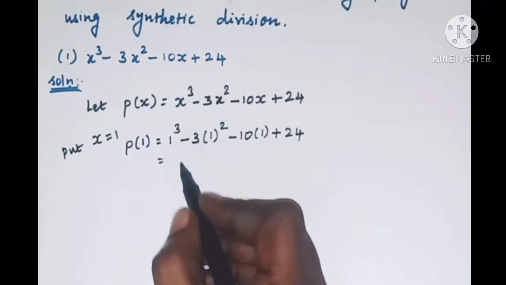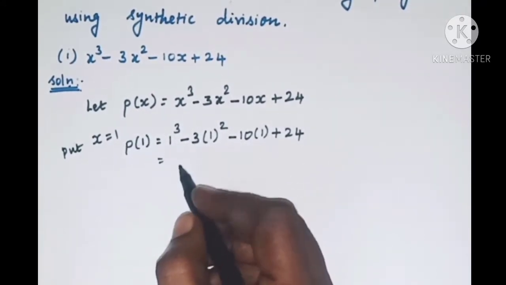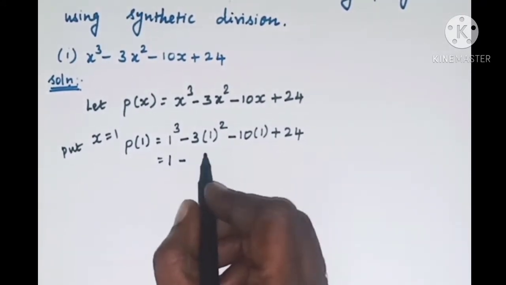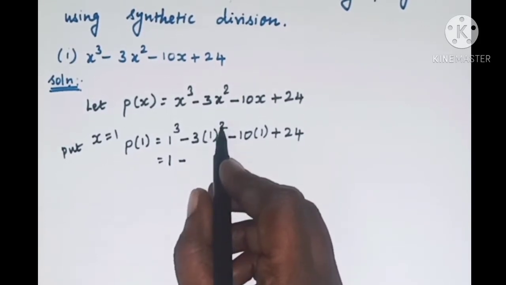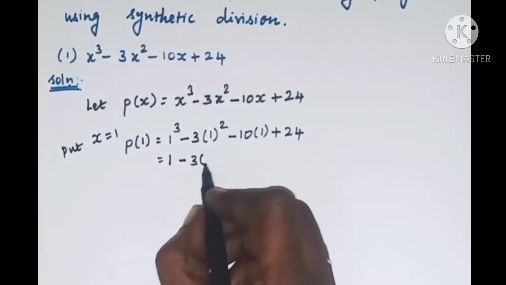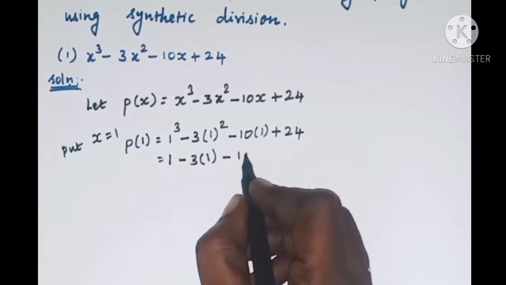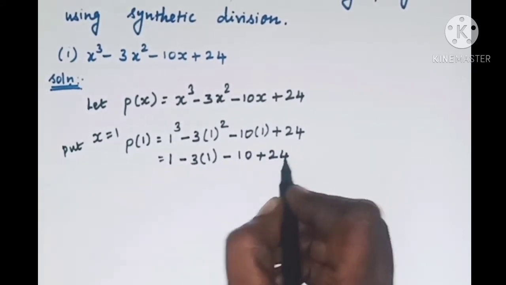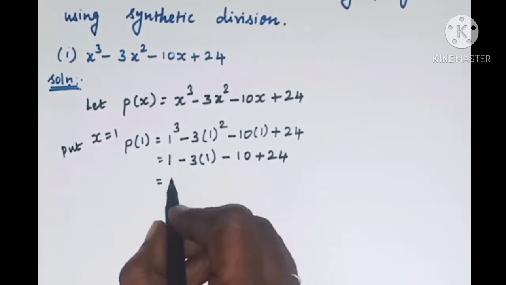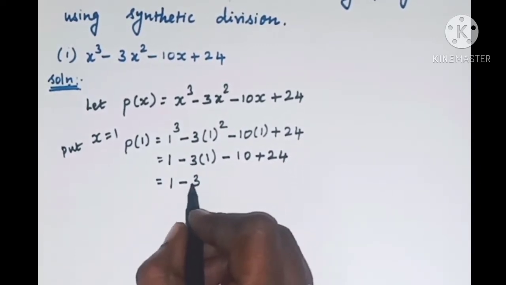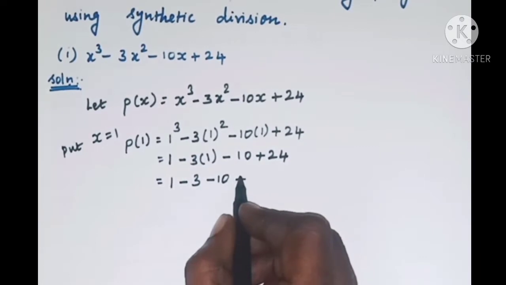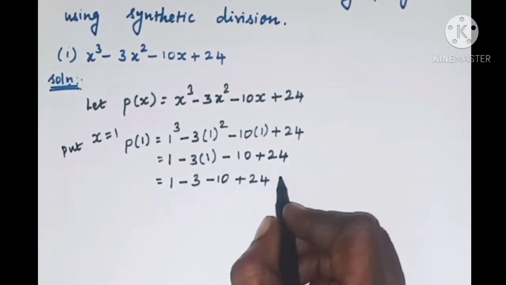So 1 cube is 1 into 1 into 1, so this is again 1 minus 3 into 1 square. 1 square is 1 into 1, 1 minus 10 ones are 10 plus 24. So 1 minus 3 ones are 3 minus 10 plus 24.